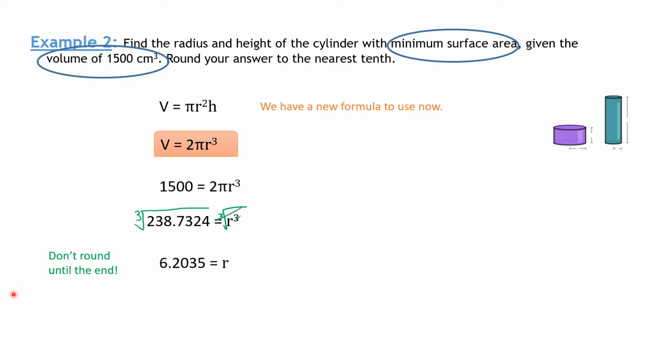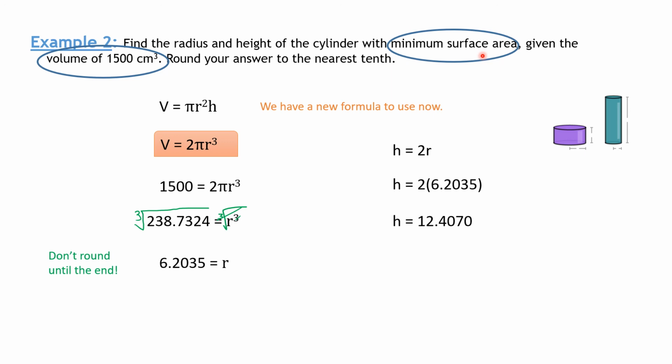I still have to find the height. Okay, how am I going to get the height if I have the radius? Do you remember? What's the connection between radius and height when we're minimizing surface area? What's the connection between them? Height is equal to 2 radii. So height equals 2 radii, we multiply by the number we got for radius, and we get 12.4070.